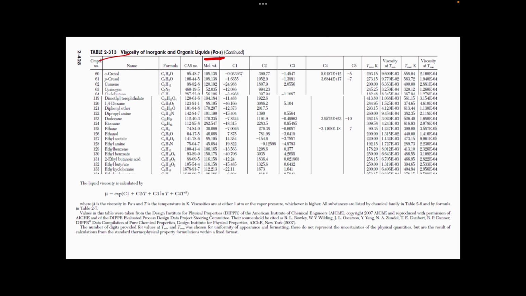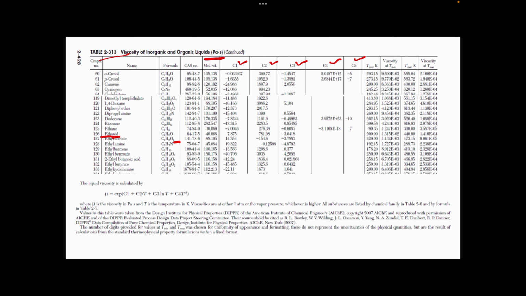Ethanol is component 126, and the molecular formula, CAS number (Chemical Abstracts Service number), and molecular weight are given, and also the constants C1, C2, C3, C4 and C5. The minimum and maximum temperatures in which you can use these constants are also given.